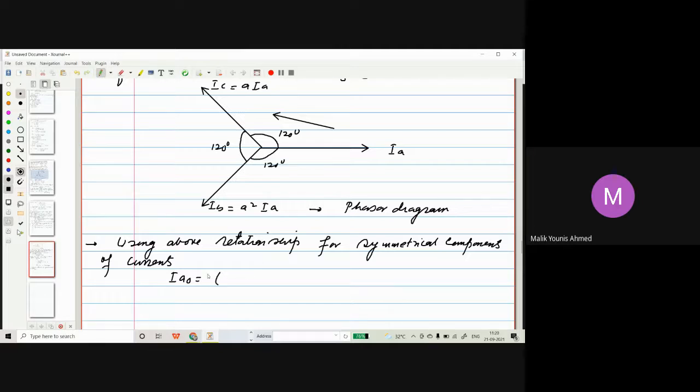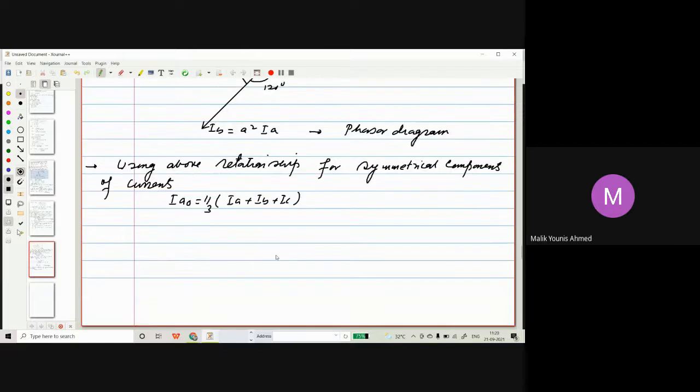It is 1 by 3 times IA plus IB plus IC. That we already know. Then also we know IA1 is 1 by 3 times IA plus A IB plus A square IC.